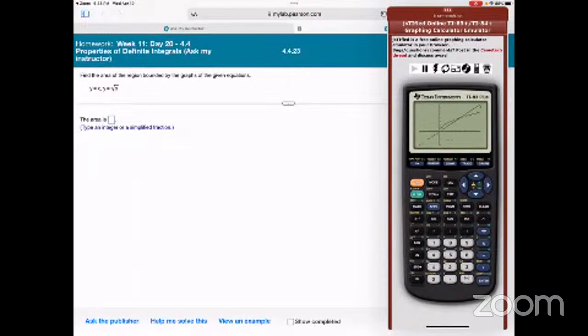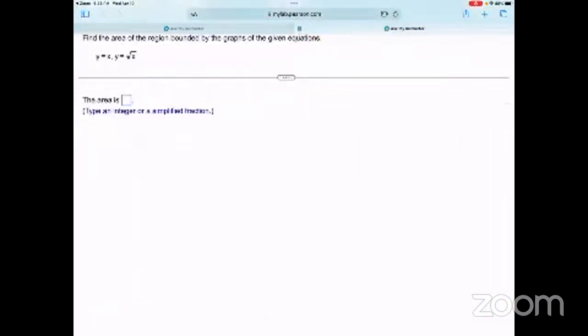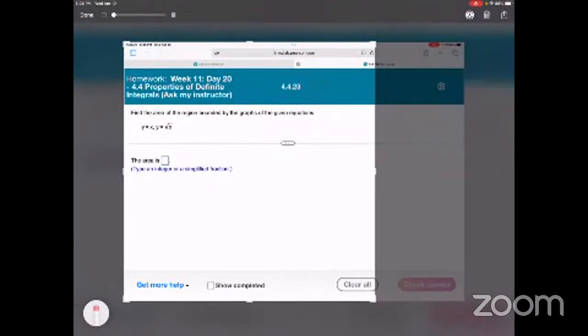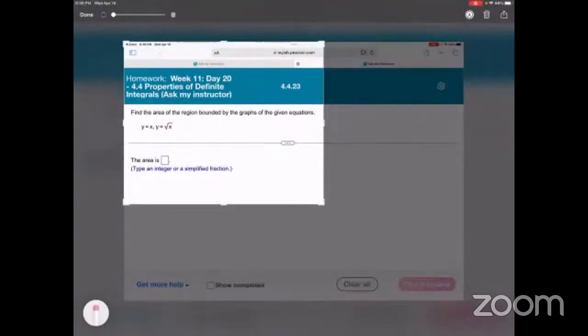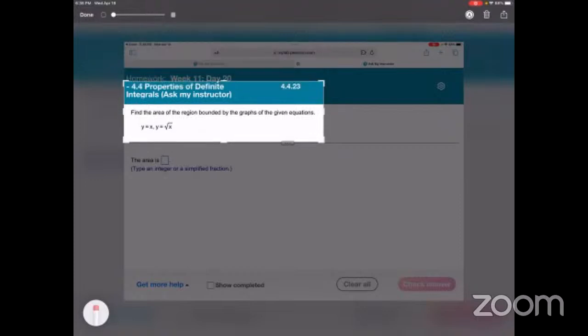Let me just zoom in some. Okay, and let's get a screenshot. So again, the main thing is we need to be clear which function is above the other, which we are now because we looked at the graphs. We're going to copy and delete.